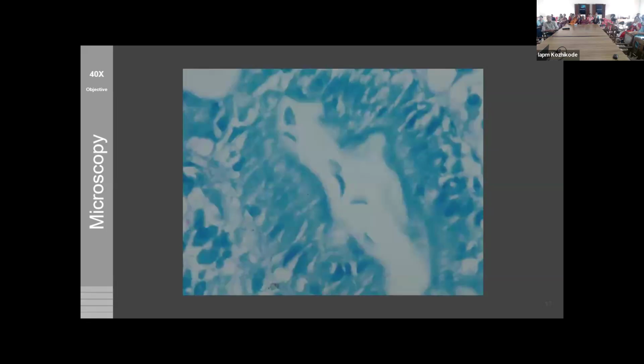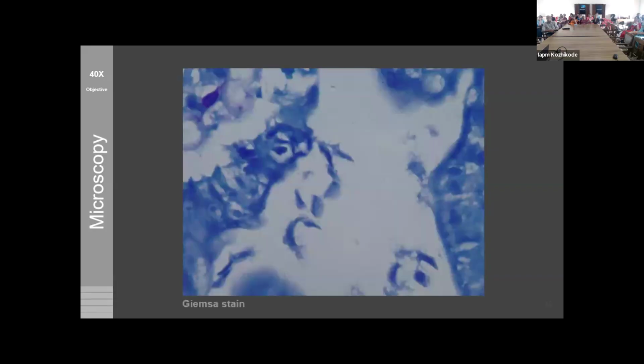Even though there is no specific special stain to identify this organism, we did methylene blue and the organisms were stained, and here it is very clear these organisms can be seen as pear-shaped in the lumen of the duodenum. We also did Giemsa stain, which stained positive for the organism. Here it is very clear these organisms are arranged in a falling leaf pattern.